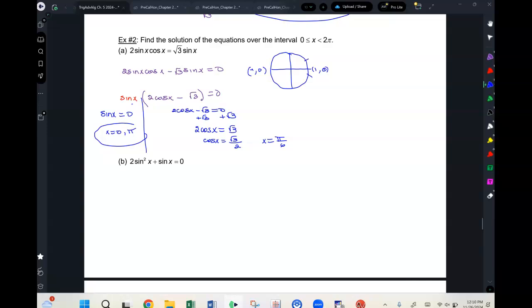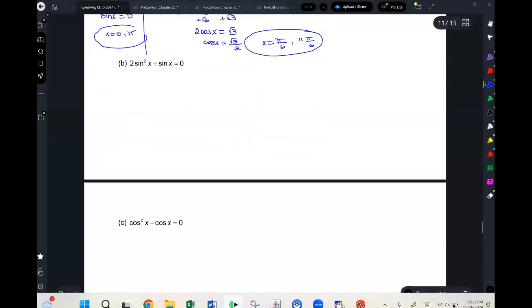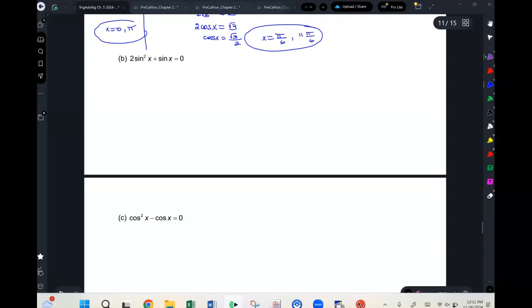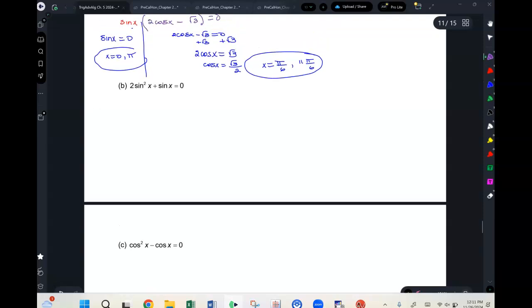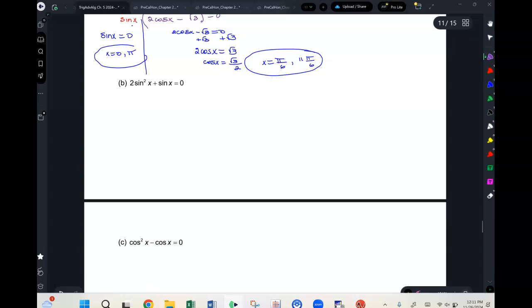And I want it in the positive quadrants, right? So it's pi over 6 and 11 pi over 6. So x is 0, pi over 6, 11 pi over 6. 4 answers.